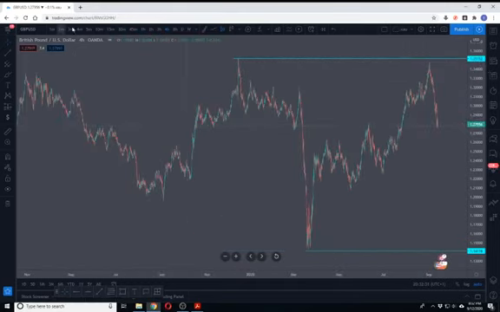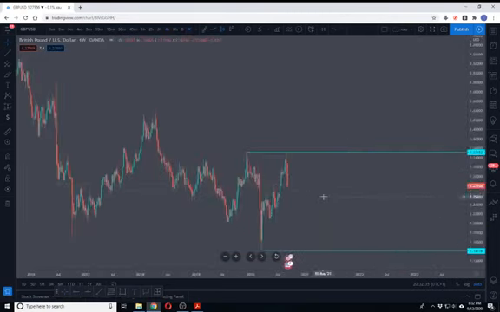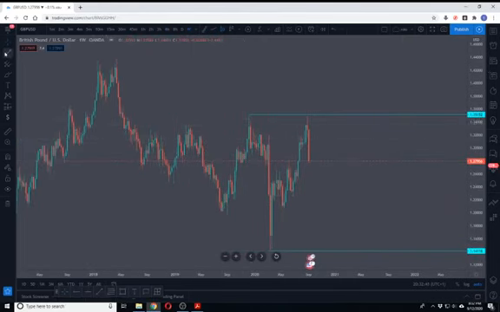But in terms of, we go back, so if we were looking at this swing, I'll just mark this up. If we were looking at this swing from here to here, what happened is the market came and it moved beyond.